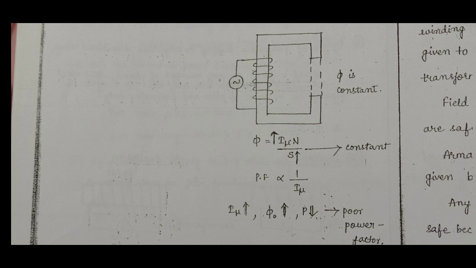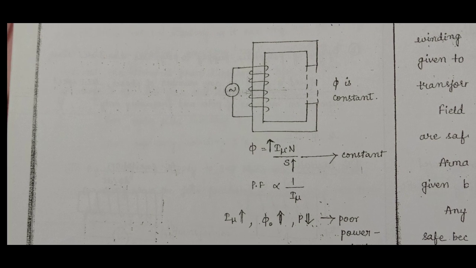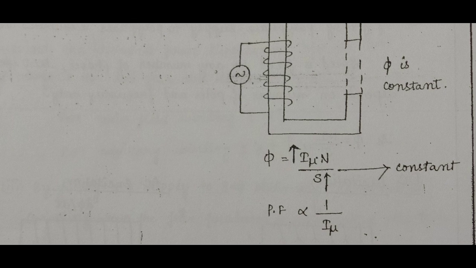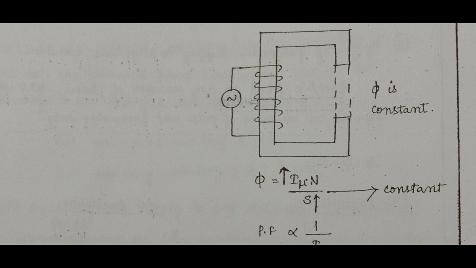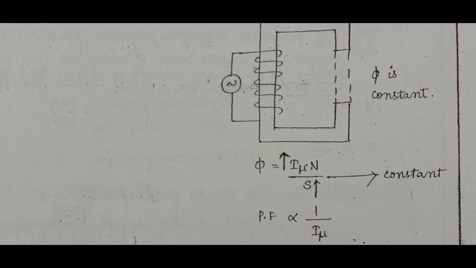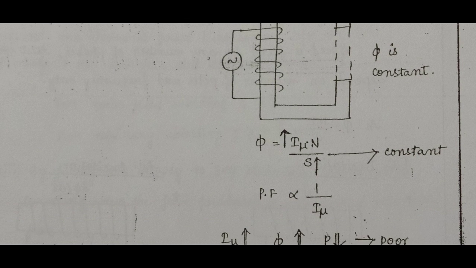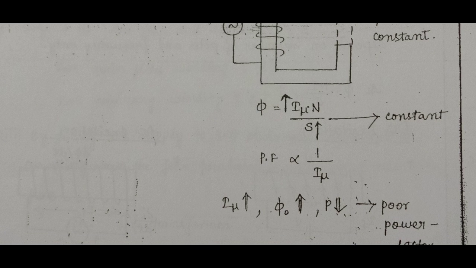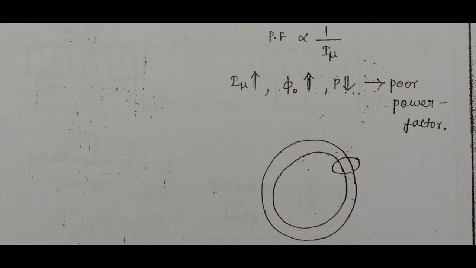So here an air gap is there. Because of the air gap, reluctance values are more. So the current drawn is more. Current drawn is more, so flux is increasing. Power factor is decreasing. Here there is no air gap.